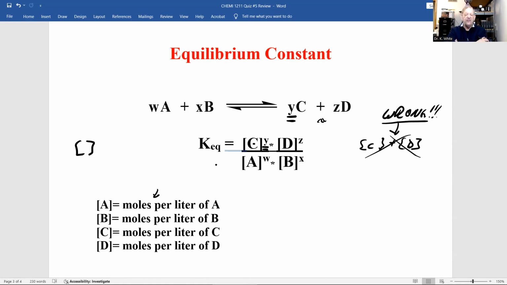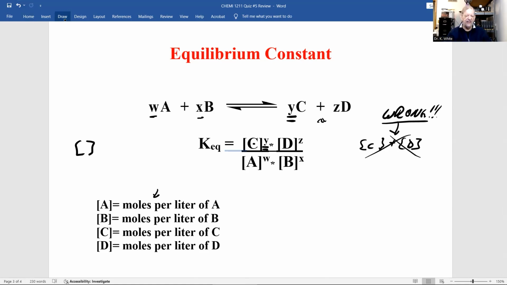So you have the concentration of C to the power of Y times the concentration of the other product to the power of Z. And that's divided by the concentrations to the various powers of the reactants. In this case, A to the power of W, you get that from this coefficient, and times, not plus, times B to the power of X.